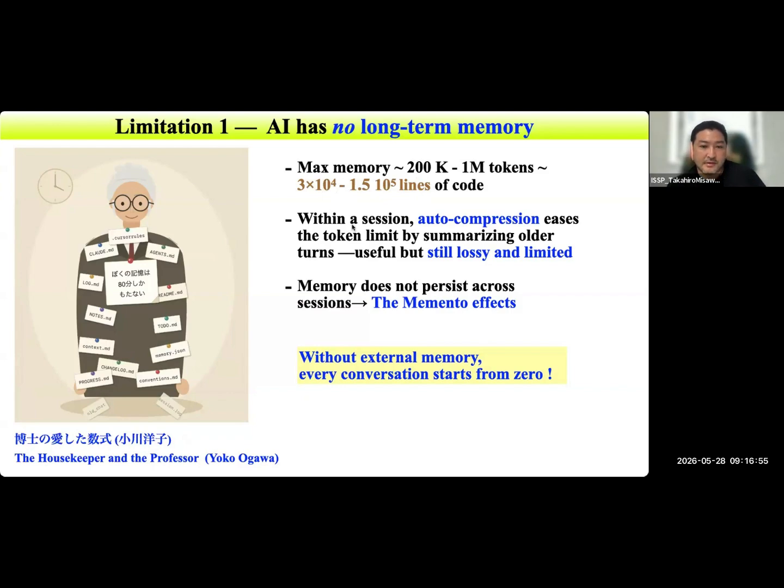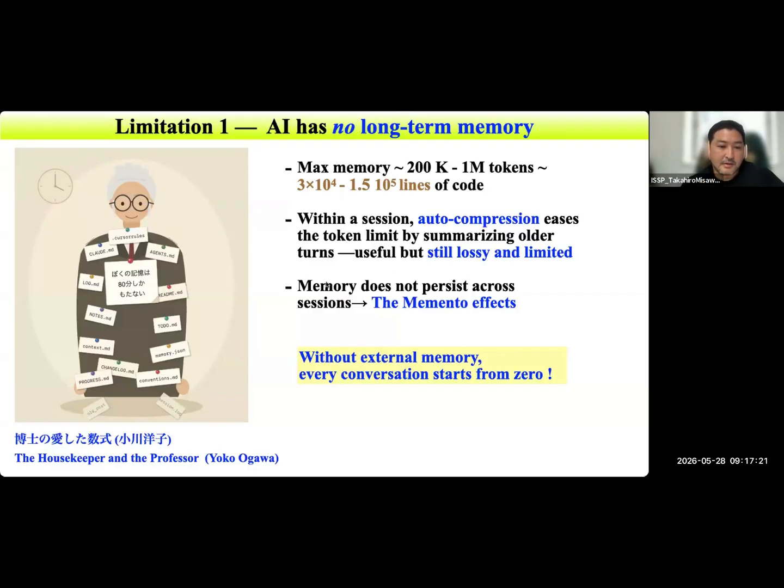Within a session, modern AI does auto compression. When there is a token limit, it summarizes all the things. That is useful, but still lossy. By repeating the auto compression many times, the ability of the AI becomes lower.